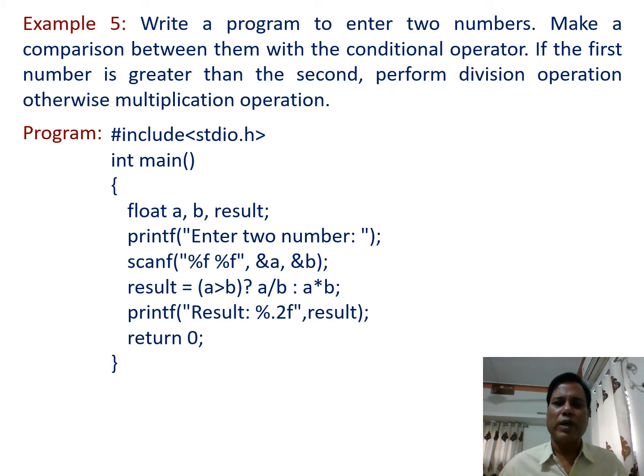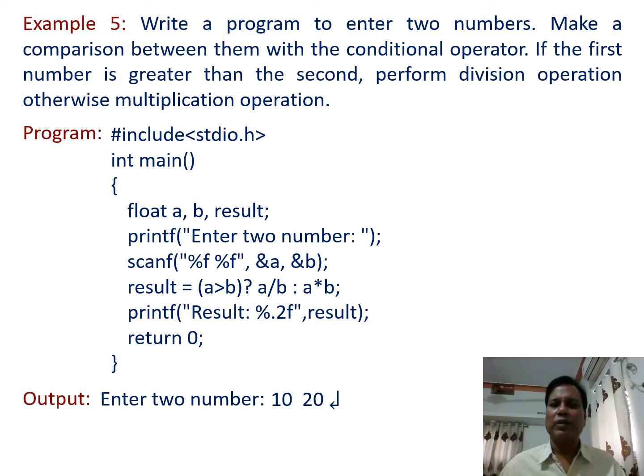When this program is run, suppose initially "Enter two numbers" is displayed and we enter two numbers, where a is 10 and b is 20. Then in the conditional operator, a greater than b, that is 10 greater than 20, is false. Then the false part, that is after the colon, is the multiplication. We multiply these two numbers, and we get 200. 200 is assigned to the result variable.